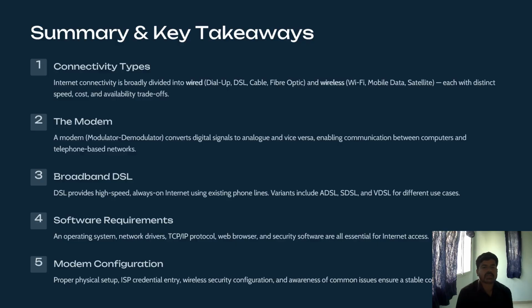Modem configuration, proper setup ensures a stable connection. So today we understood how the internet reaches us, different connectivity technologies, roles of modems, importance of broadband, software requirements, configuration and troubleshooting. Now, whenever you connect to Wi-Fi, you will understand what is happening behind the scenes.